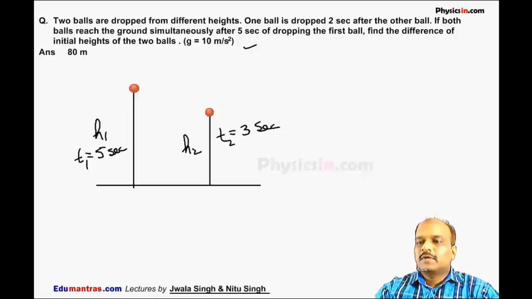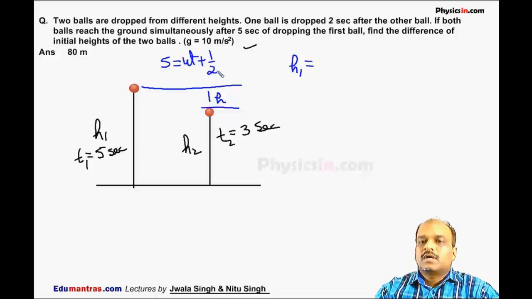So we have to find the difference in height. Suppose the difference in height is this, h. As we know, h1 is equal to ut plus half at square. We can use s equal to ut plus half at square.